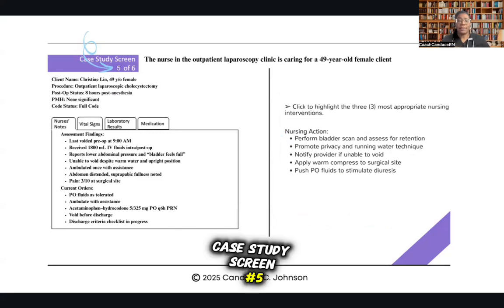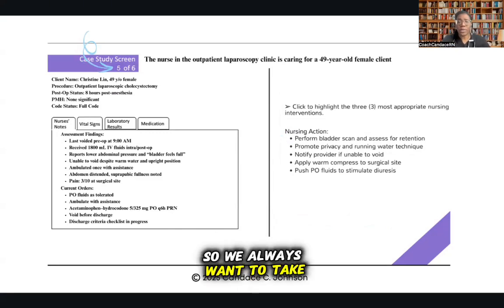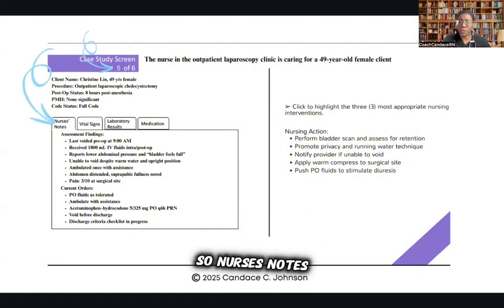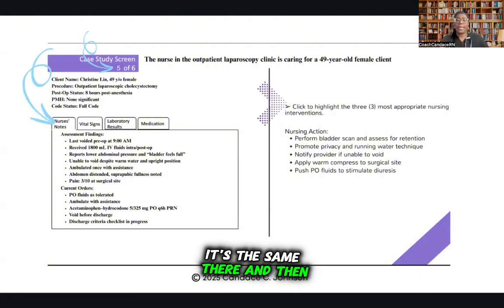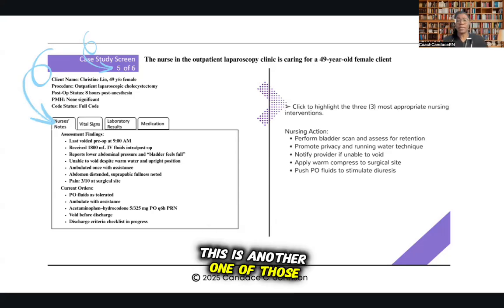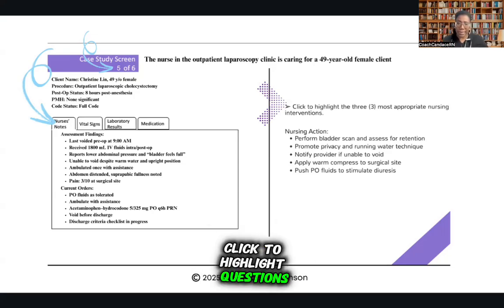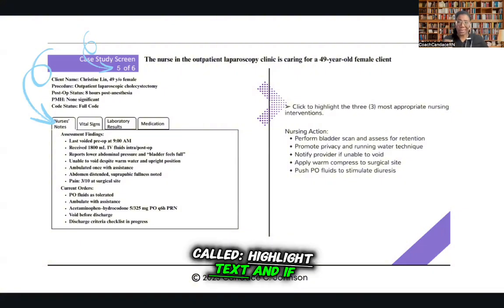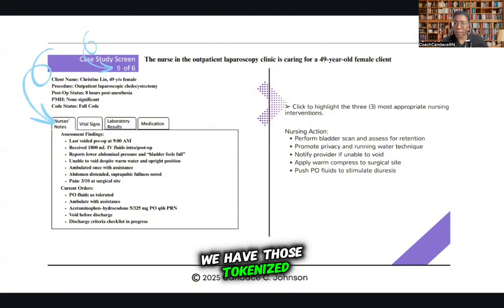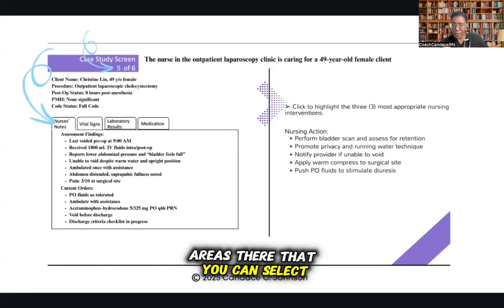All right. Case study screen 5. So we always want to take another quick look at whatever tabs we have. All right. So nurse's notes, it's the same there. And then we're going to look at our new question. All right, this is another one of those click to highlight questions called highlight text. And if you get a question like this, again, we have those tokenized areas there that you can select by clicking your mouse.